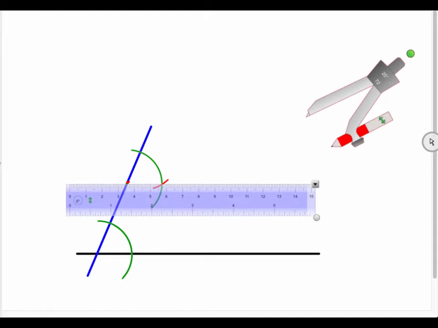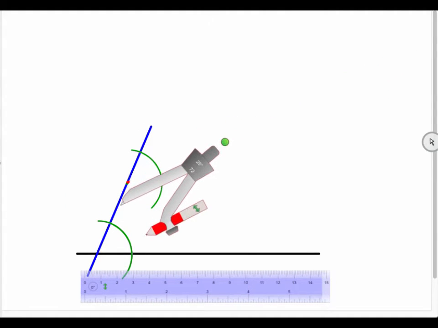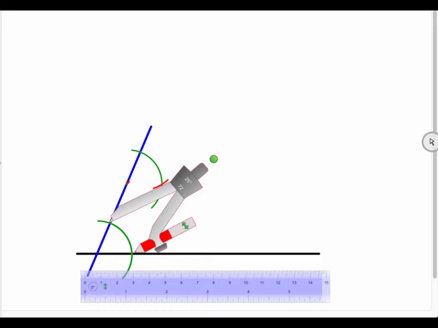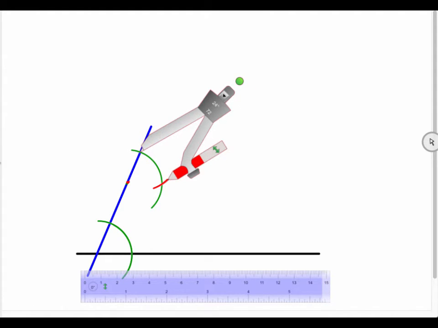How did you do that one? This one or this one? That one. This one? All right, I'll do it again. I'll show you real quick. I just took my compass and I measured this distance here, right? So if I swing that around a little bit more, all right? So then I came up here and set that right there on the intersection, and I just came down around like this, okay?